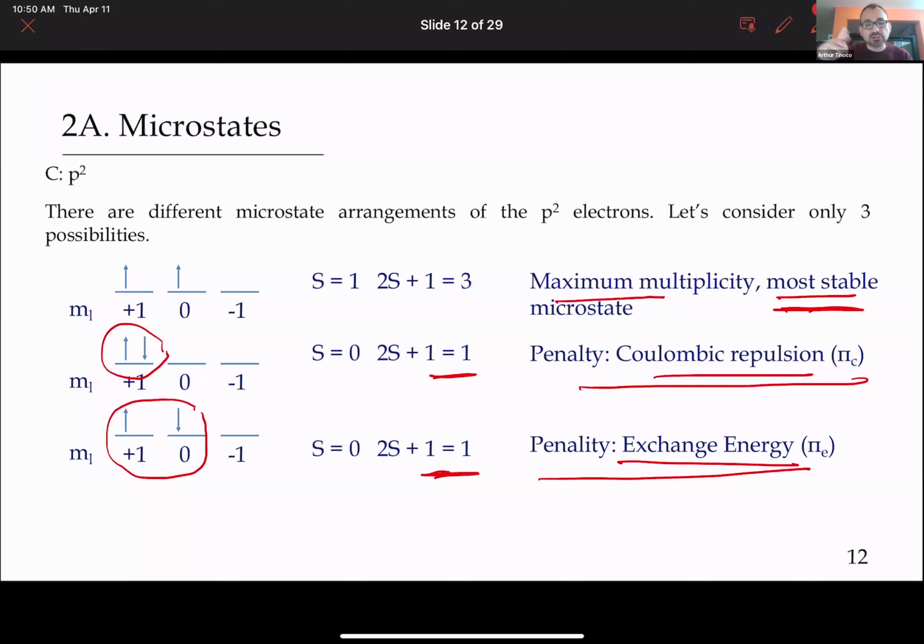And so that energy makes it so that these electrons cannot freely flow from one orbital to another because you have to go through this exchange energy penalty. And so that's why these two are higher energy states or higher energy microstates. And then this is your representation of the maximum multiplicity, but also very importantly, the most stable microstate.